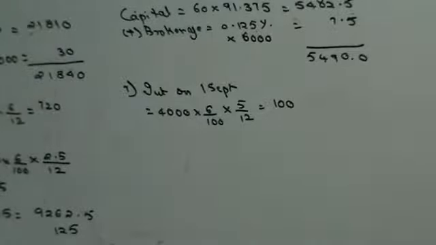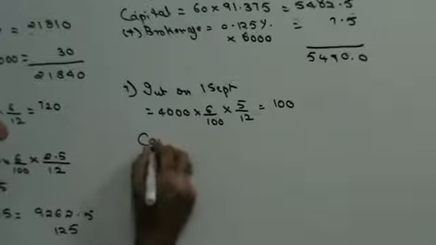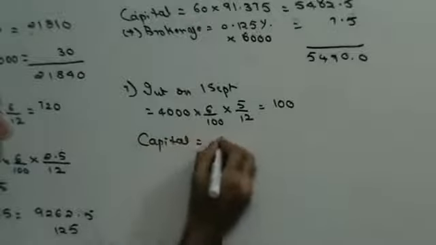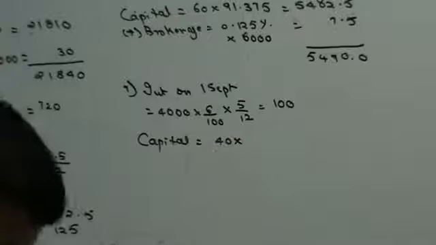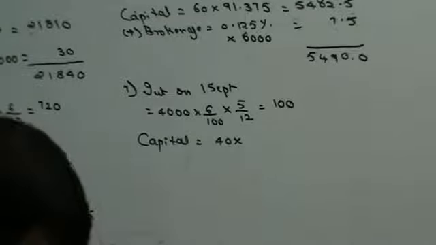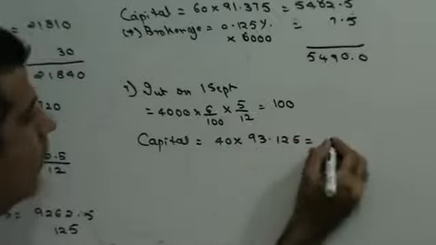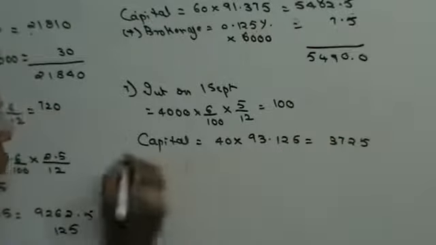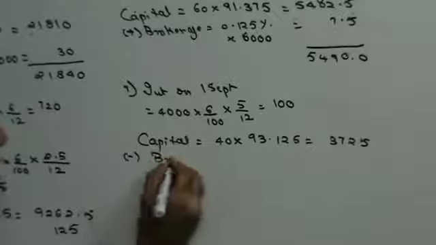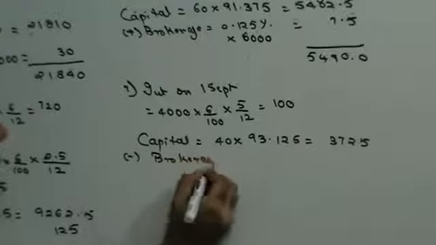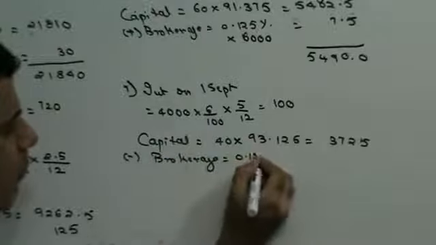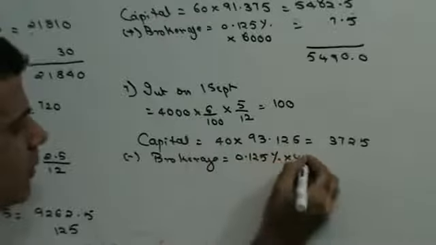Let's find out the capital value, people. 4,000, that means 40 debentures you have sold. At what price have you sold? 93.125. 3725. You have sold, so you will deduct brokerage, which is 0.125% on 4,000.